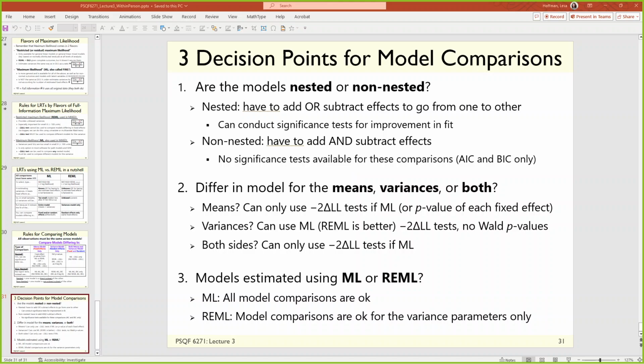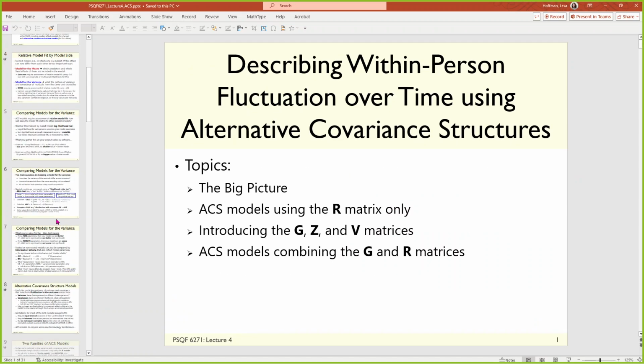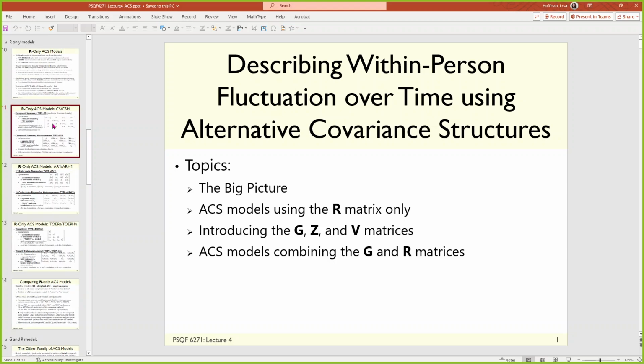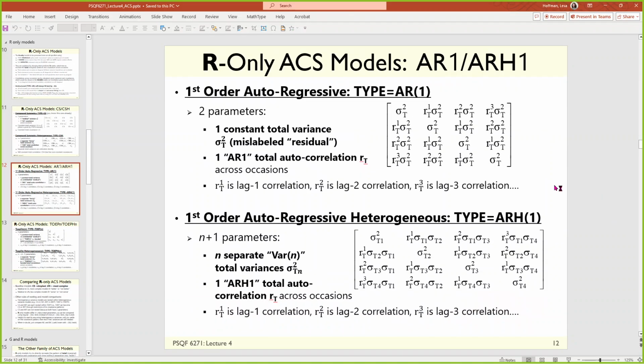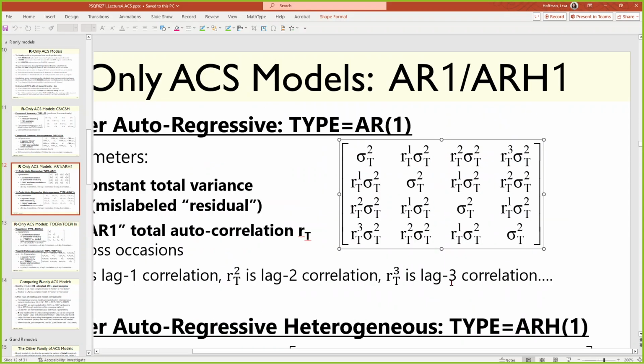Lecture 4 then, the ingredients to figuring out how to form things, like if I say element 3, 1 in the R matrix, the ingredients are right here. So this is the variance covariance version of each of these matrices. So for instance, the AR1: if I asked you for cell 2, 1 of this matrix, and I gave you the R that goes into it, and I gave you the variance that goes into it.